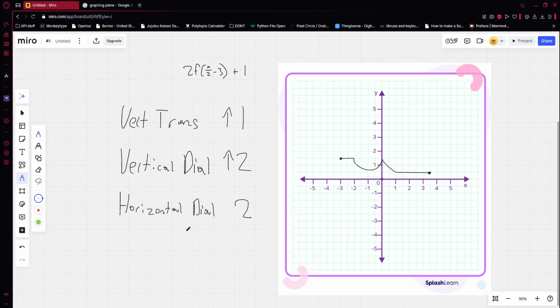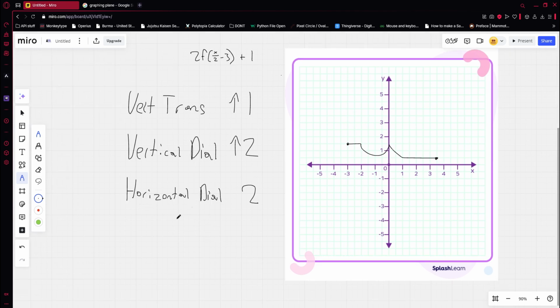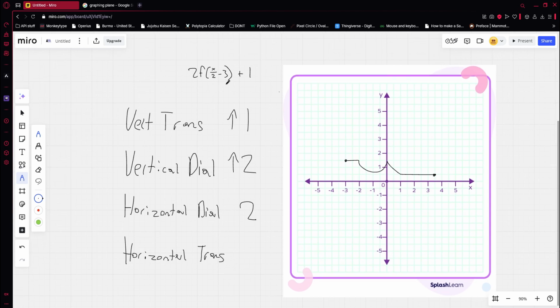So it's actually 2. And then finally we have our horizontal translation. It's tempting to put -3 here, but you always have to remember, horizontals are weird. So you want to flip it so that it is just 3 to the right.